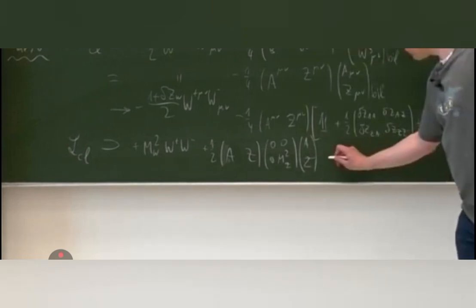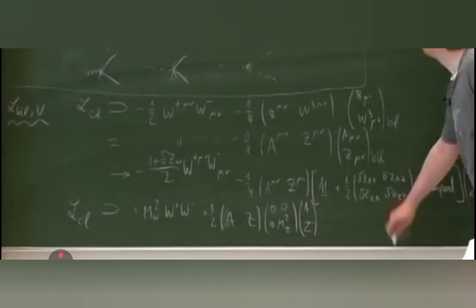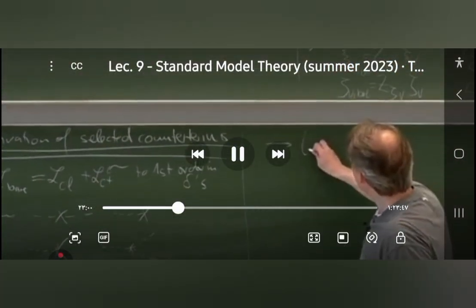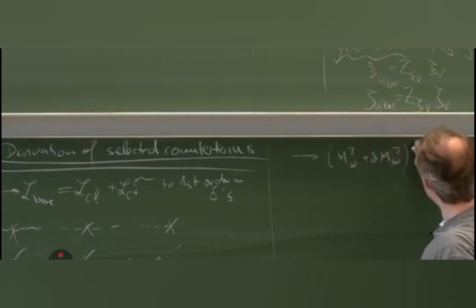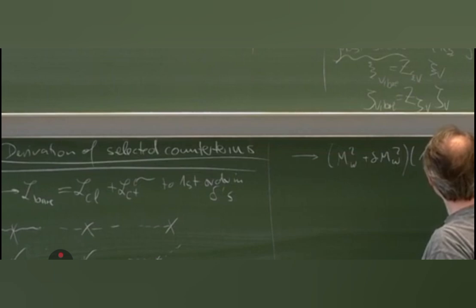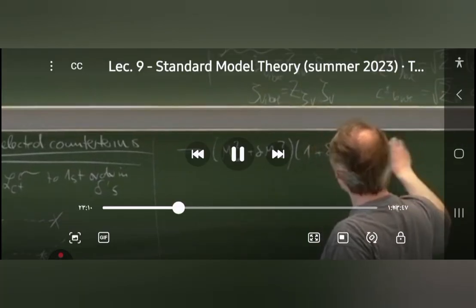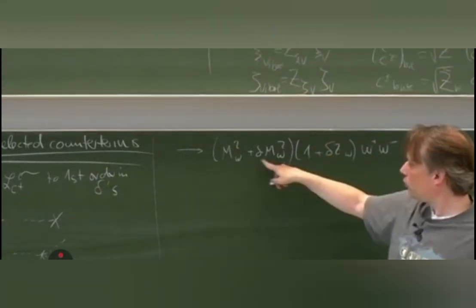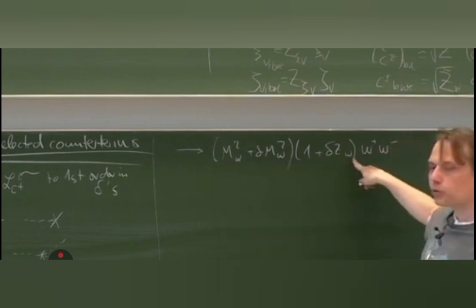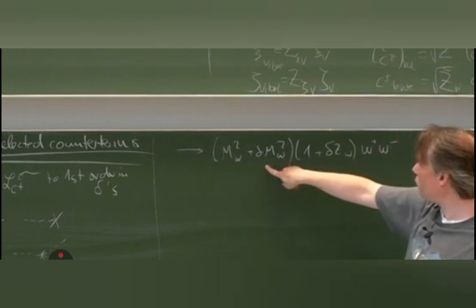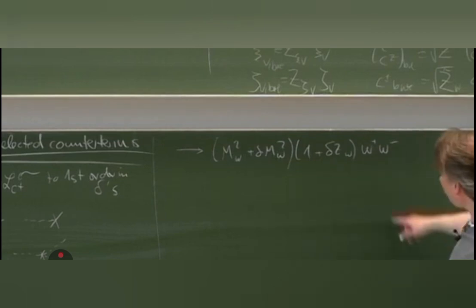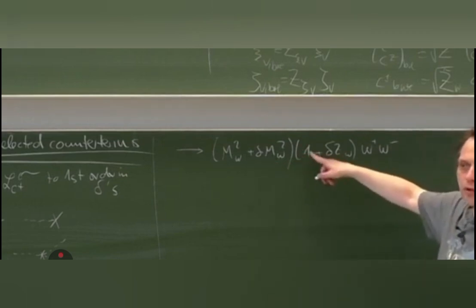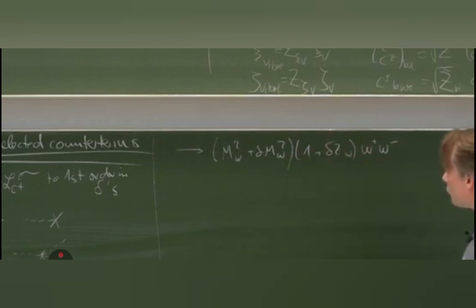What happens to those? So the mass term becomes mW squared plus delta mW squared times 1 plus delta ZW times W plus W minus. Okay, so the mass becomes the bare mass and the W field becomes the bare W field, and therefore we have here a product of such renormalization transformations. And this product can then be expanded up to first order in the deltas.